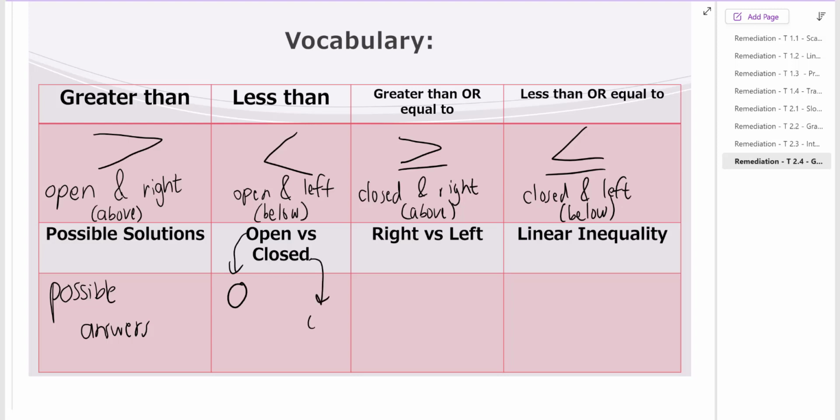This is a closed point. Right is when it goes to the right. Left is when it goes left. Linear inequality is greater than, less than, greater than or equal to, or less than or equal to.